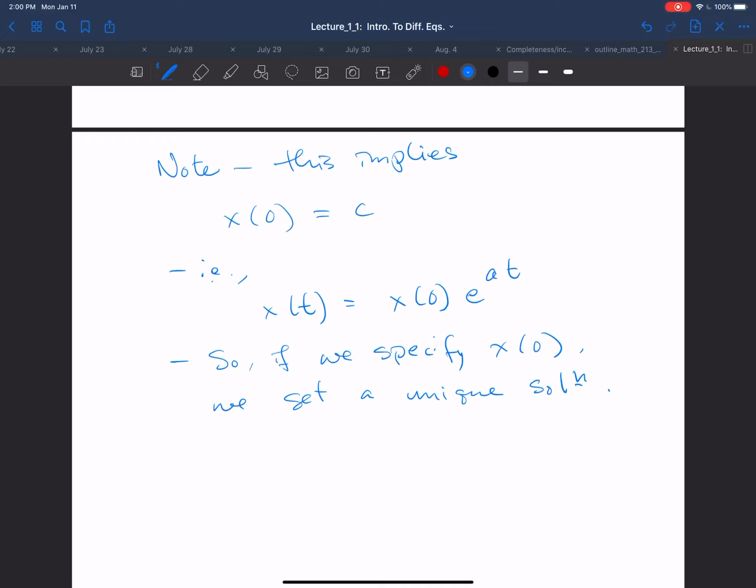Okay. We call x of 0 an initial condition, thinking of time as starting, say, at t equals 0.